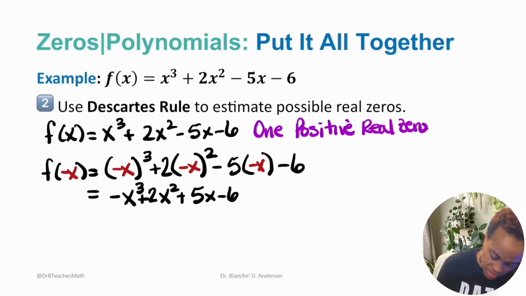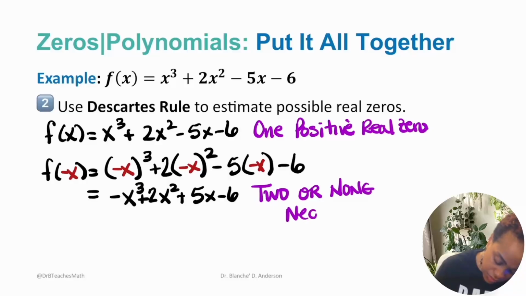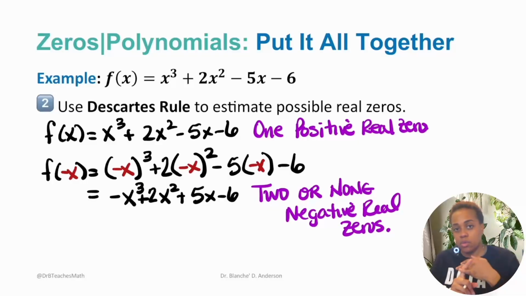Count the number of sign changes. Negative to positive, that's 1. Positive to positive, positive to negative, that's 2. So if I was to write this, 2 or none negative real zeros.